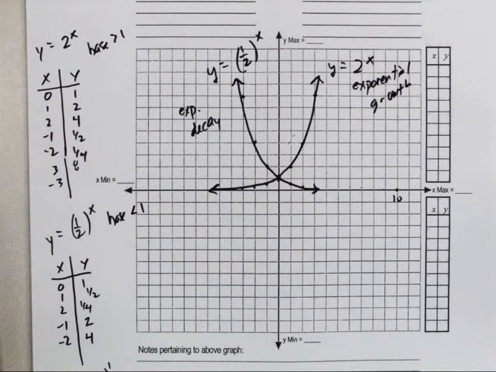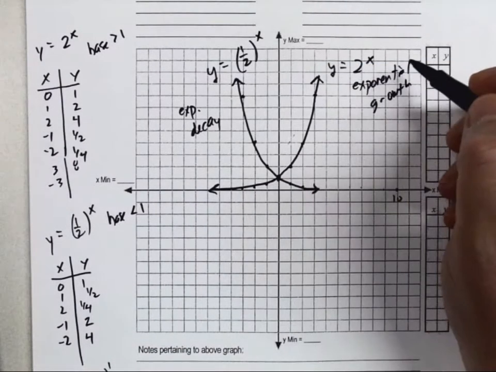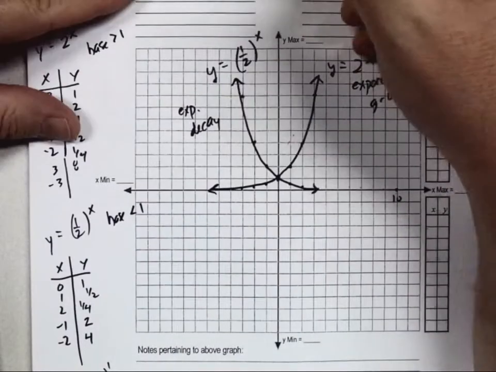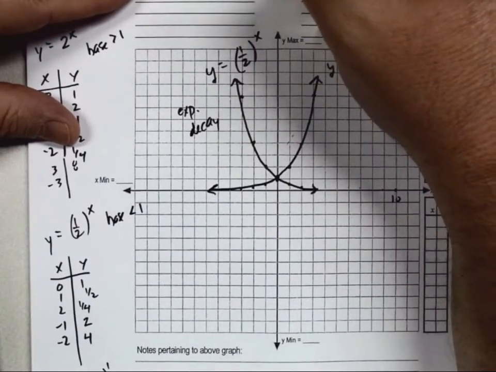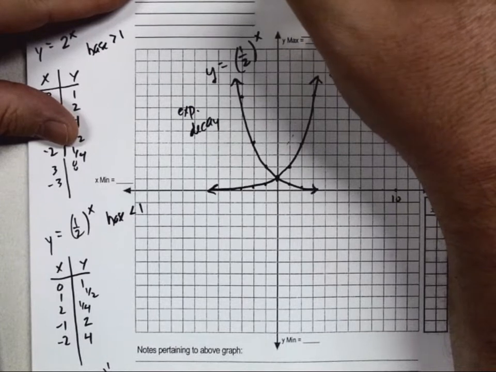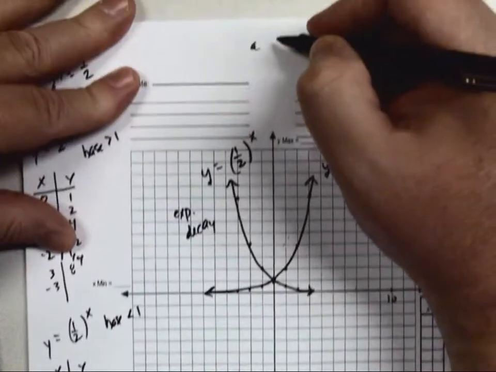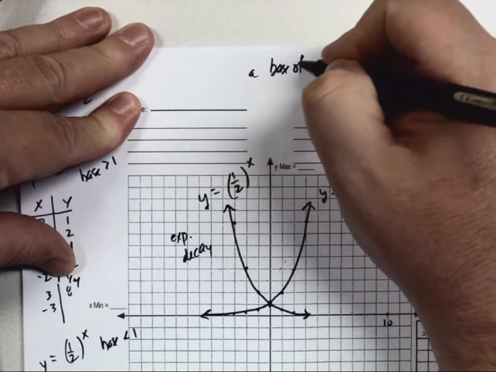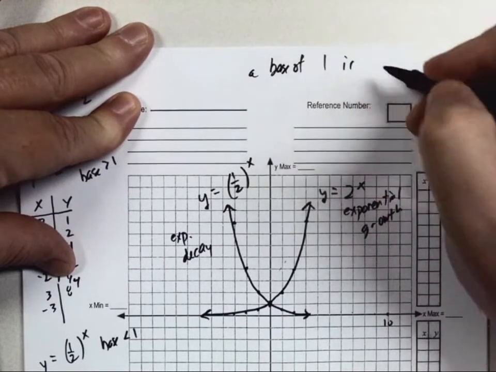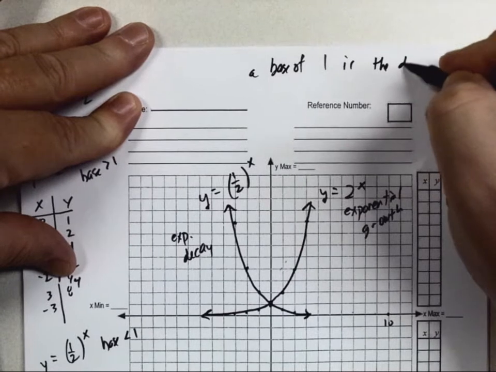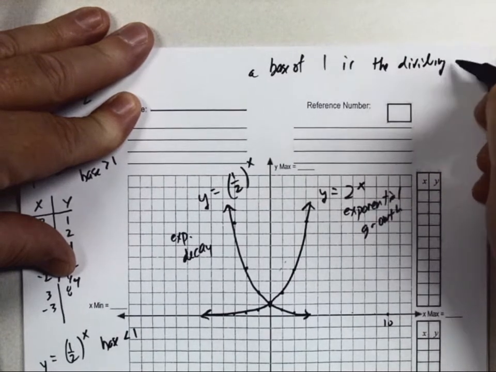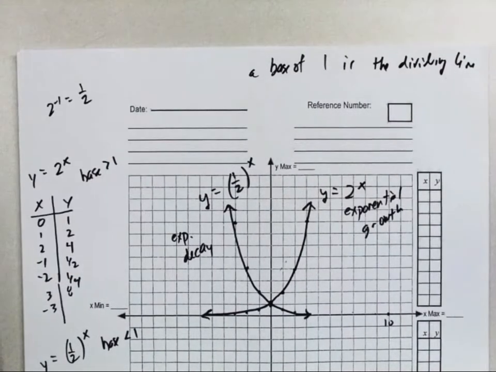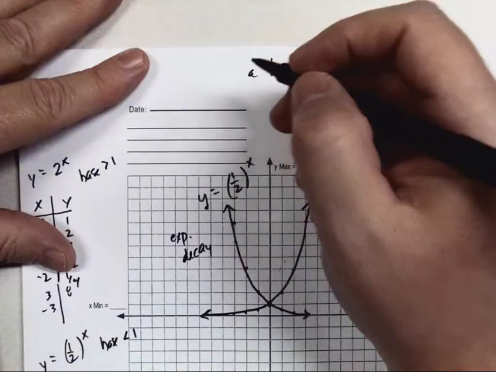Now the key is, obviously, what the base is. The whole key is what's the base, and the base of 1 is the dividing line.